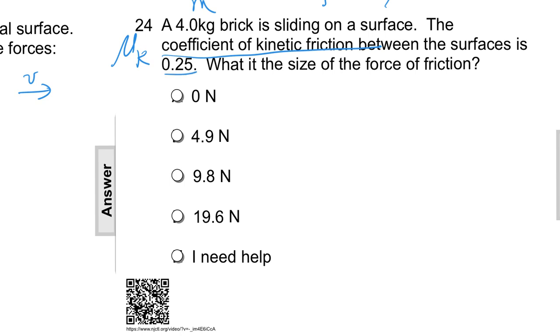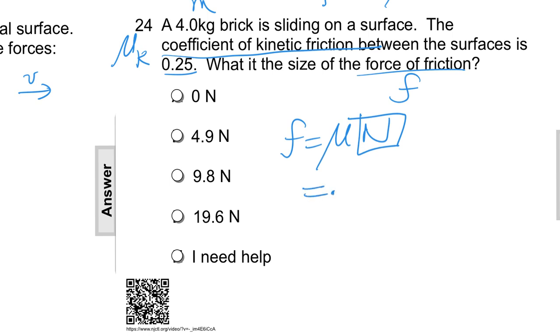What is the size of the force of friction? So, F equals mu times N, friction equals mu times N. And so, what are we looking for? Just multiplying 0.25 times N. Now, don't put 4.